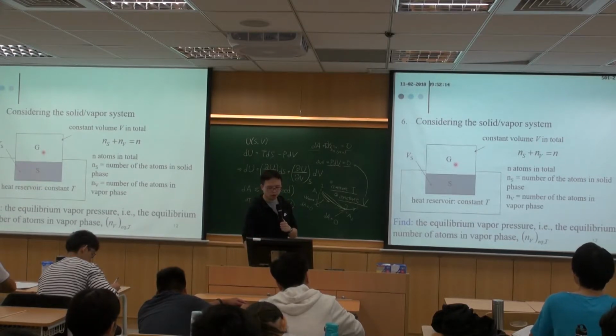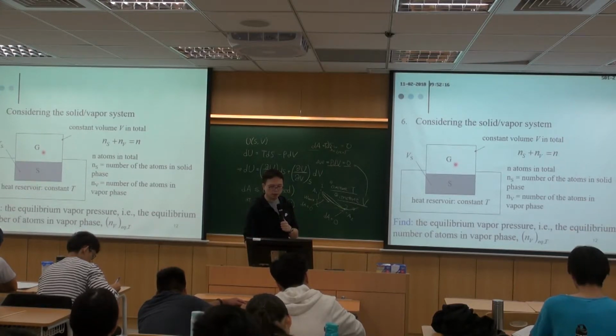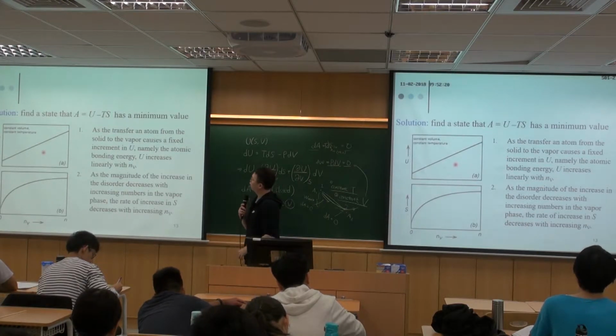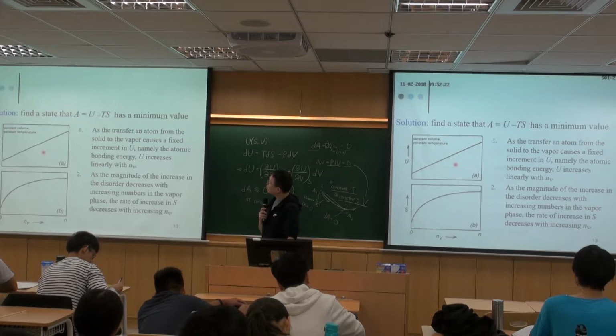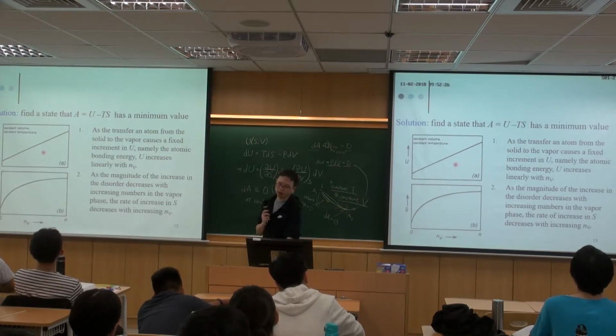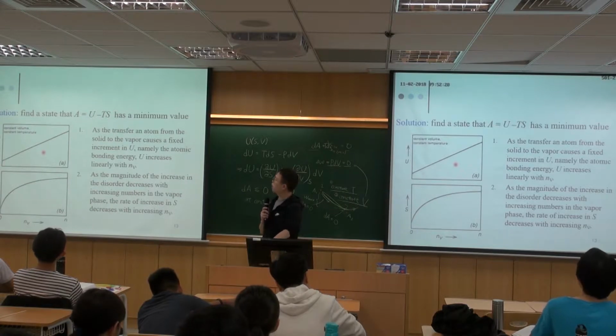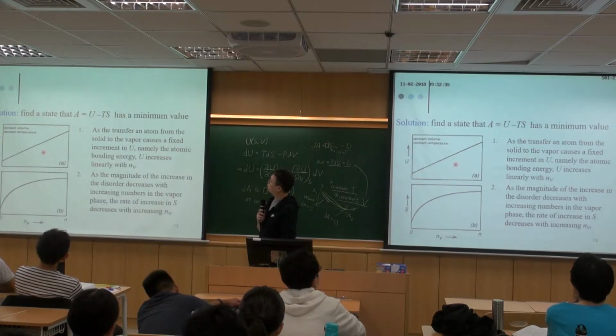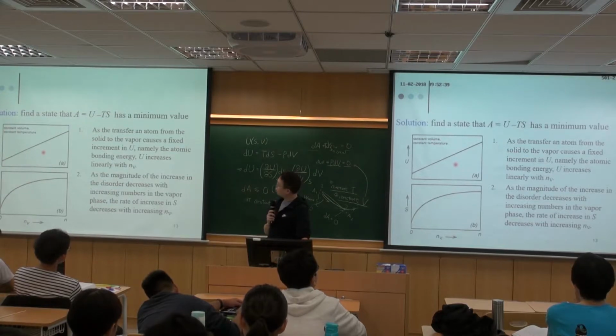So we want to figure out what will be the number for that, especially in the vapor part. So we start from the Helmholtz free energy because we're dealing with a constant temperature and constant volume system. And we know that the Helmholtz free energy is the internal energy minus temperature times the entropy.